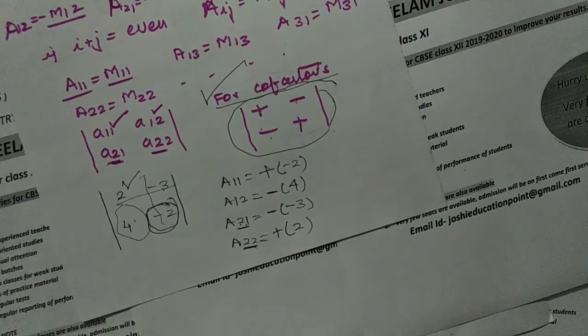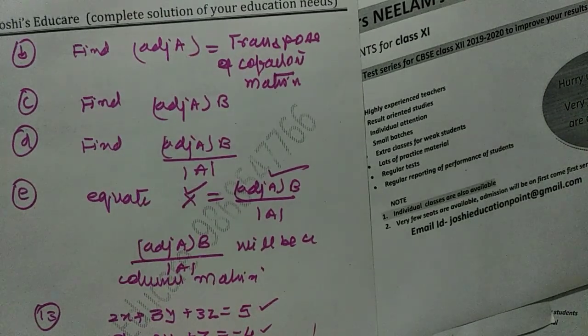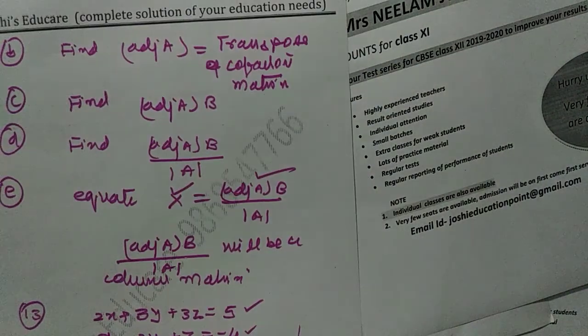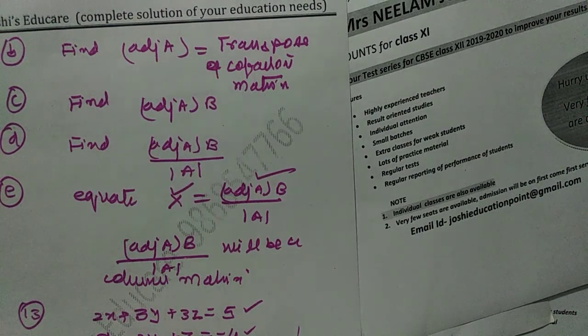It is quite simple. I am again repeating the same thing as I explained, how to find the solution of a system of linear equations using the matrix method. We'll follow these steps. What are the steps?